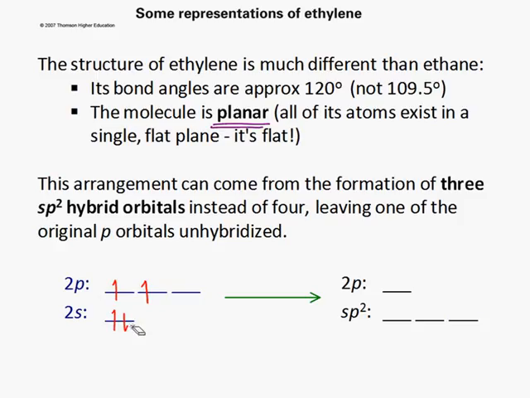You could pretend that one of these from the s was promoted to a p, it doesn't really matter. But what happens is that now I'm going to mix together the central s orbital and 2 of the p orbitals, but I'm going to leave 1 p unhybridized.